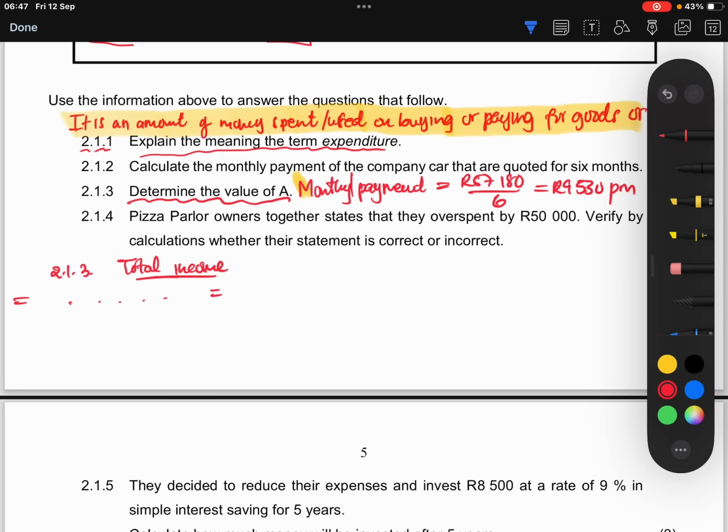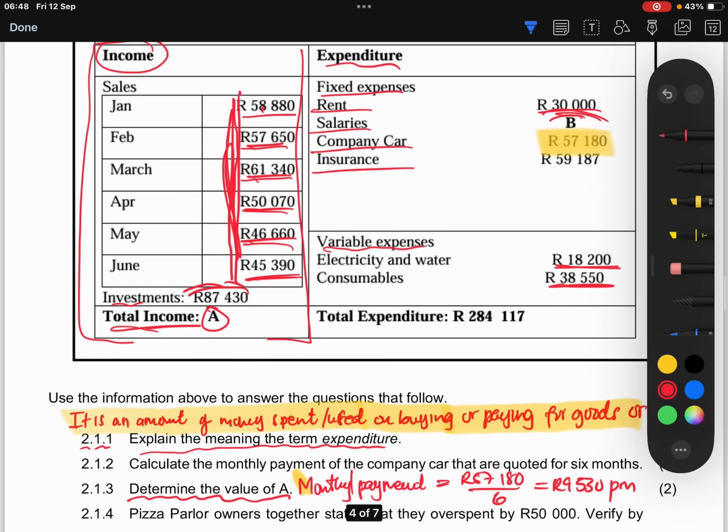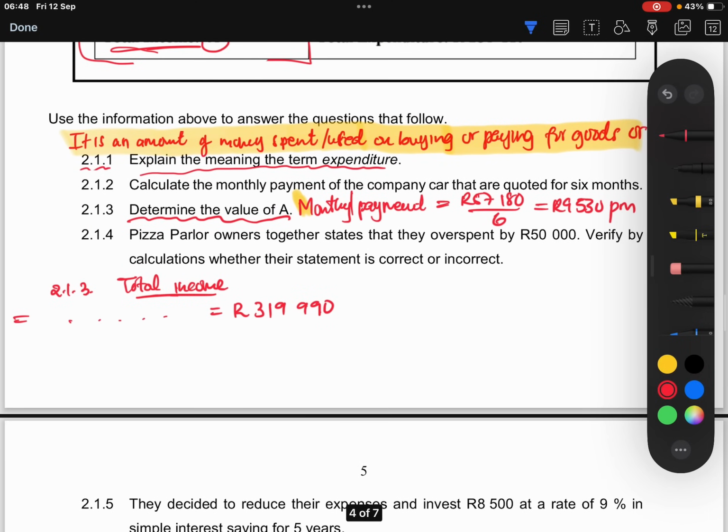When you add all those monthly incomes, the total is 319,990. This is the total of these only, plus the investment earning.